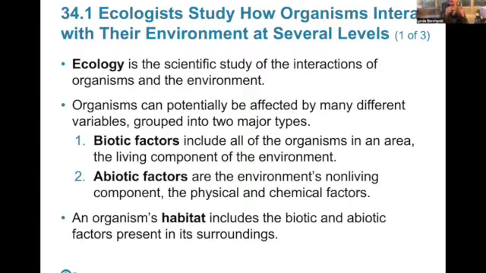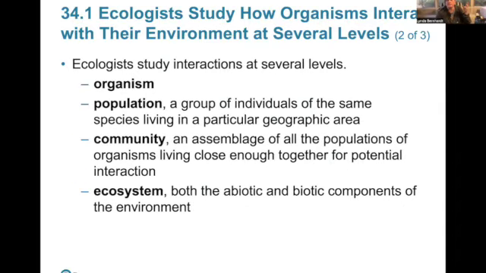Abiotic, if you remember, when you put a before it in a science term, it negates it. So abiotic factors are non-living factors. And we're going to talk about these. Both parts are involved in a habitat. The habitat is where the organism survives. So there you go.